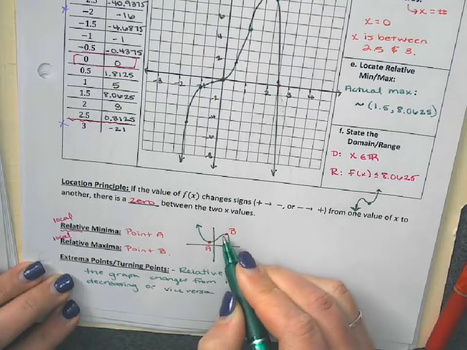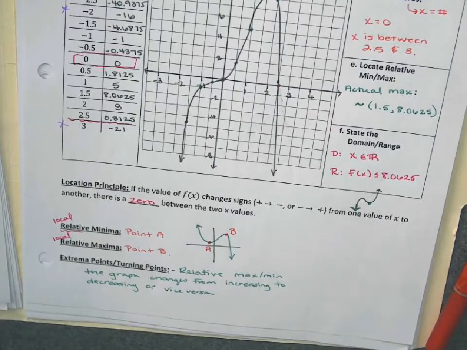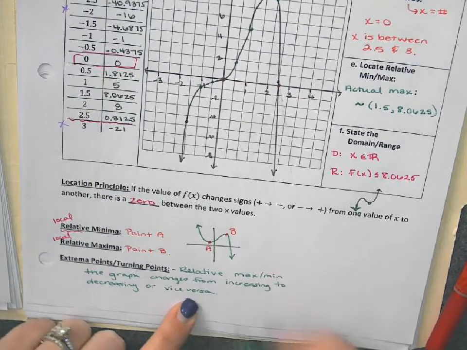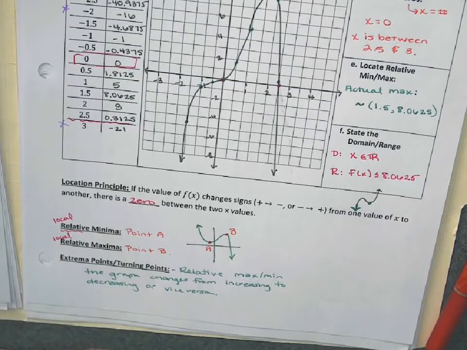So if you're increasing, then you decrease, that would be a turning point or an extrema point, which these relative maximums are a version of. Those are all the notes.